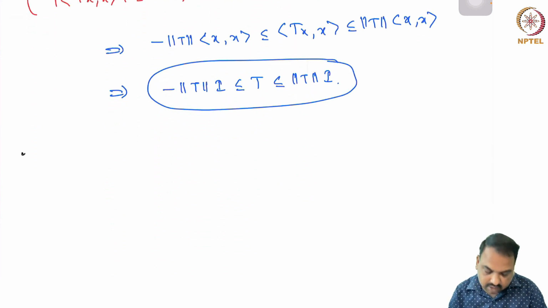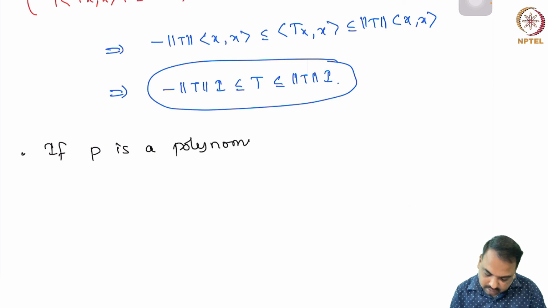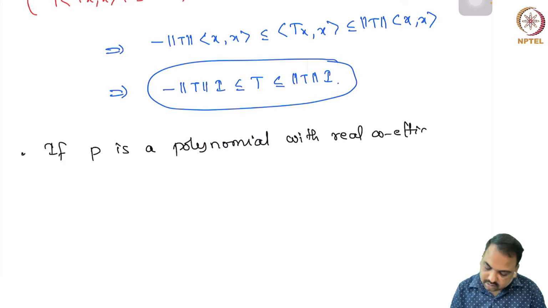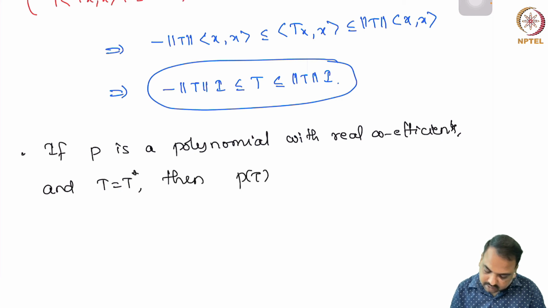And some more observations are the following. If P is a polynomial with real coefficients, and T is a self-adjoint operator, then we can conclude that P of T is self-adjoint.